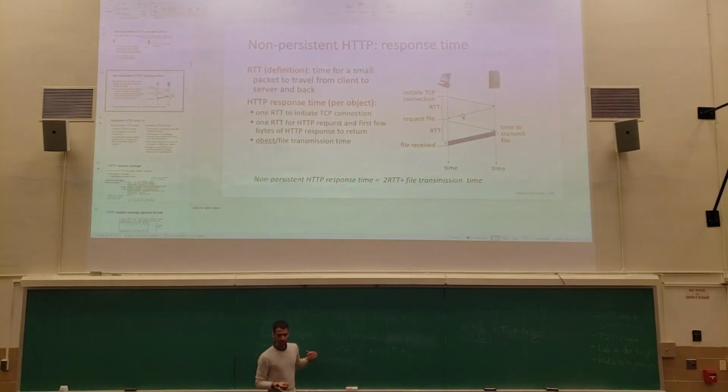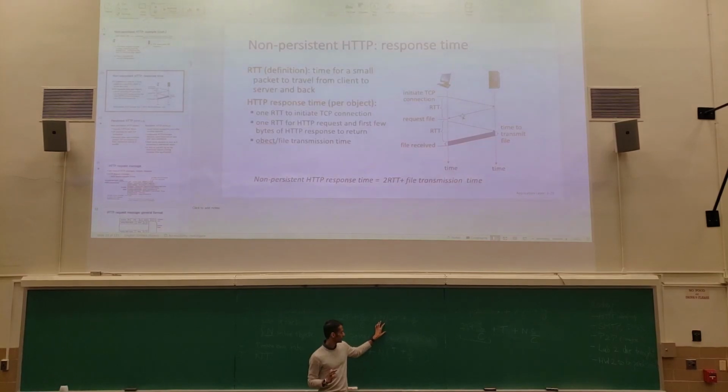It doesn't make sense to talk about pipelining without persistence. It's the combination of persistent connections with pipelining that gets rid of the order n times t component. There's no 2nt or even nt. There's no product of n and t occurring in any form.